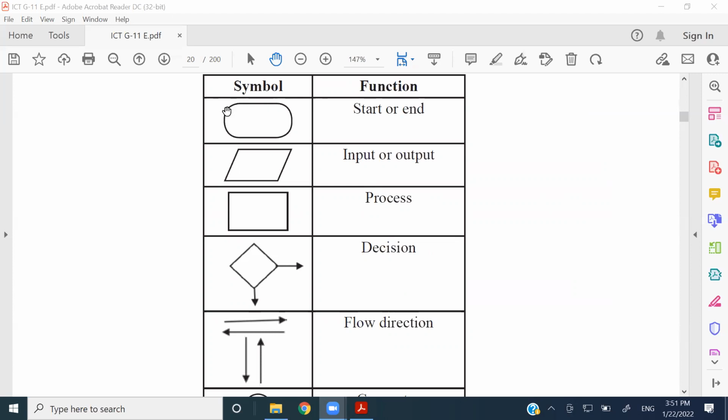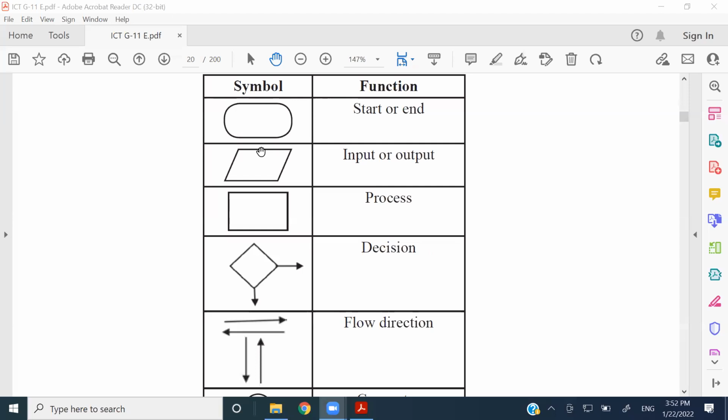So we can draw an oval and we can write start inside it, if it is the start. And again, at the end, you can draw an oval and you can write end of the algorithm or the flowchart. And we have figured out the inputs and the outputs for a particular solution when we are solving that problem.